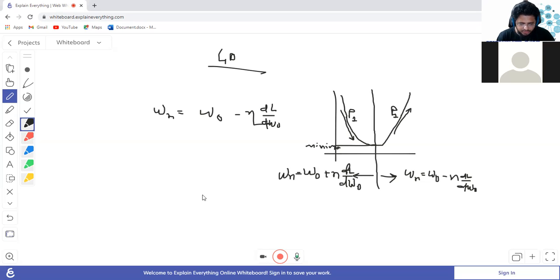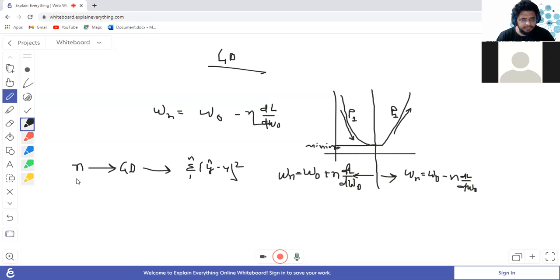As I said earlier, in the case of normal gradient descent, all the data are taken at a time and the loss is calculated as sigma 1 to n of (y cap minus y) whole square.